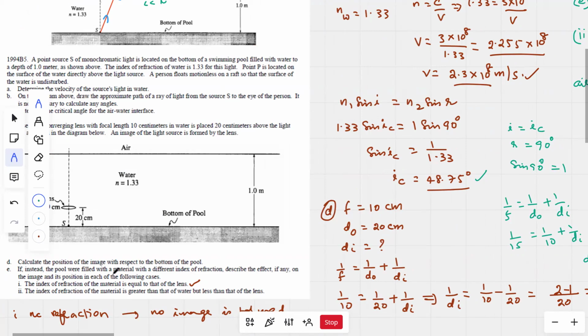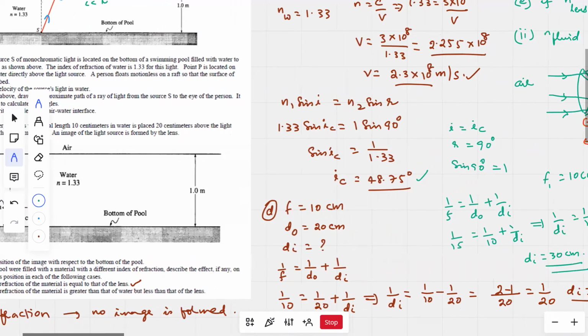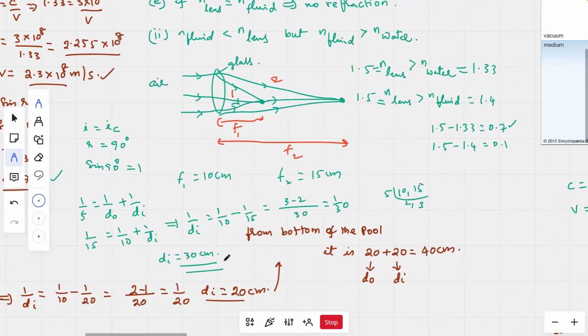Then describe the effect on the image and its position in each of the following cases. So the image forms at a greater distance, and the image will be of the same nature. The nature will not change, but the only thing is the distance will change.